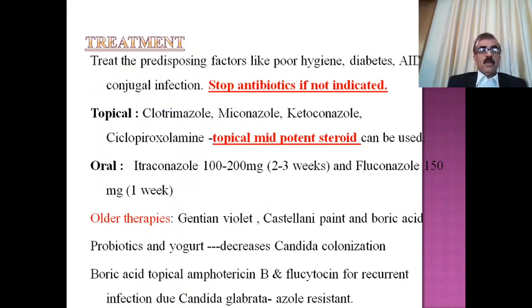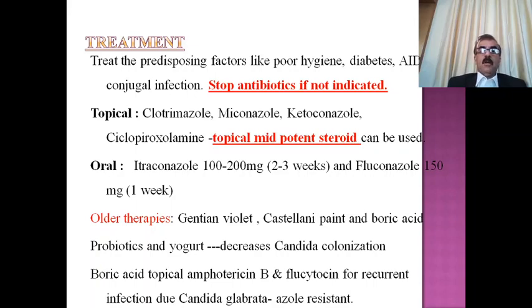Then how to treat the candidal infections? The most important thing is to control the predisposing factors. We have to counsel the patient to avoid predisposing factors. They have to be told that their hygiene should be proper. They should not wear tight occlusive synthetic undergarments.